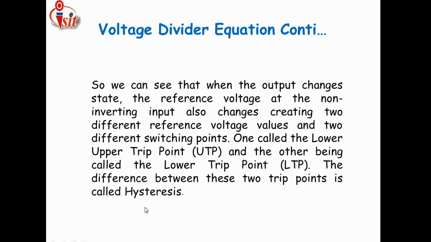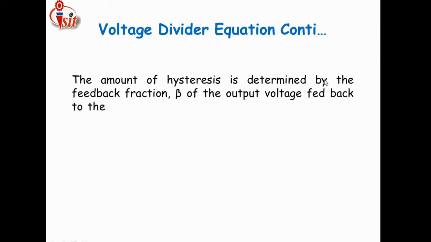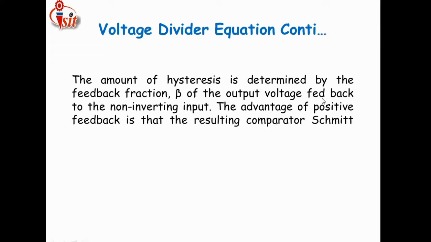Thus, we have reached our aim. Then, voltage divider equation continuation again with this. The amount of hysteresis is determined by the feedback fraction beta of the output voltage fed back to the non-inverting input.